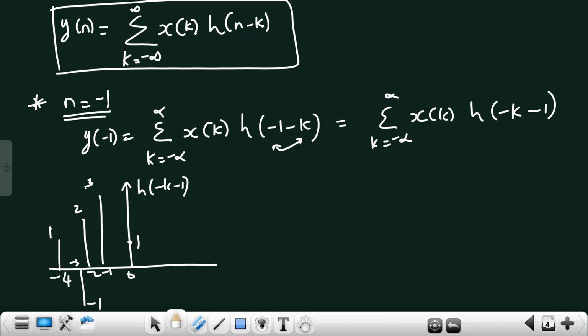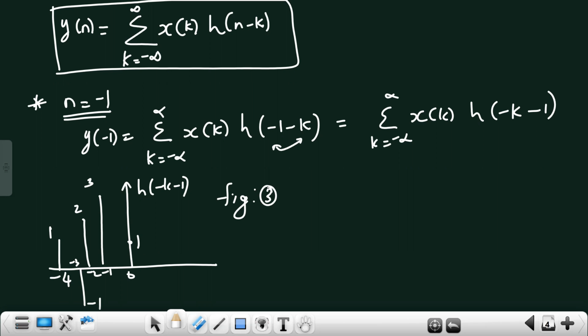I think you will get like this. Am I correct? Somebody can help me. Am I correct? Yes, sir. Okay. So this will be figure number 3.